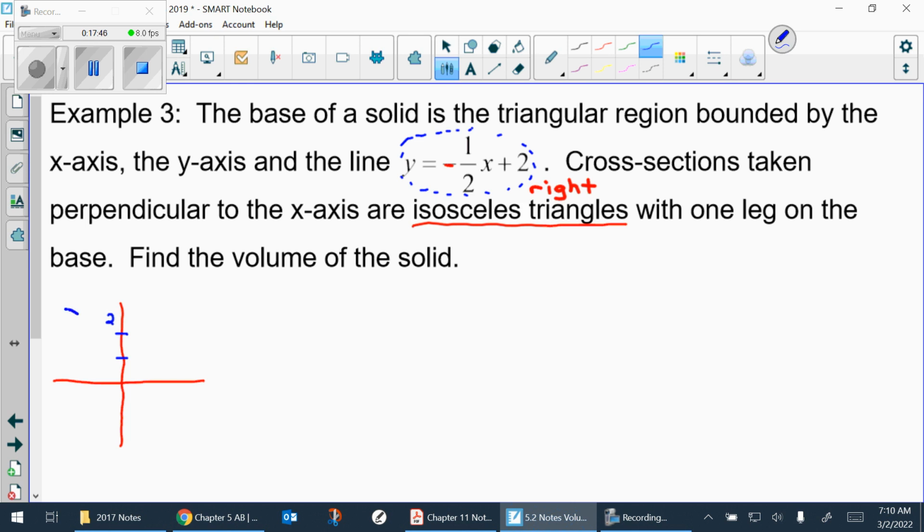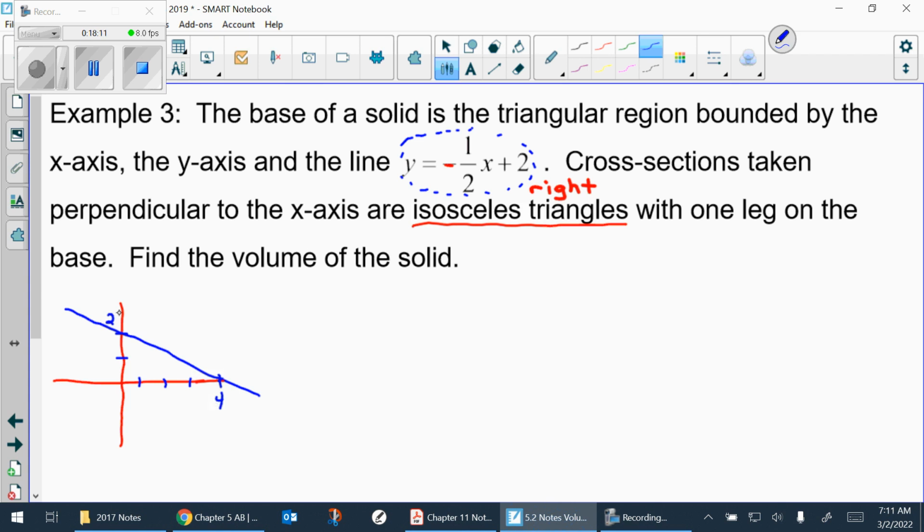So it would look something like this. And I think it's got a slope of negative 1/2. I think that means it's going to hit out here at 4. I think that is a slope of negative 1/2.